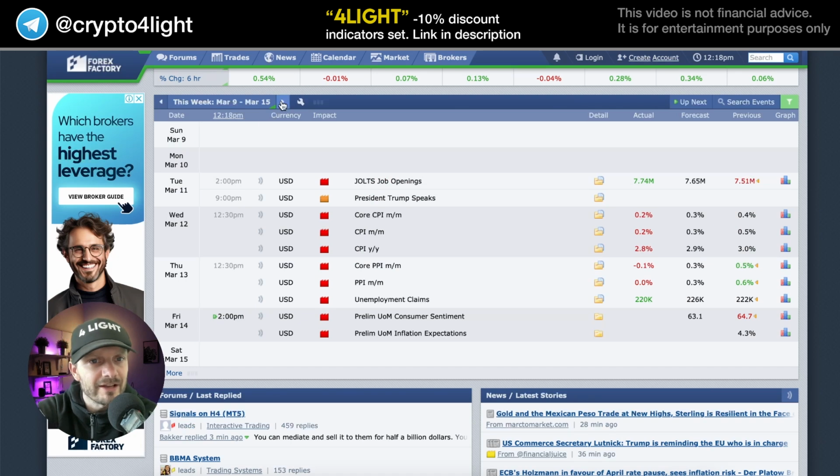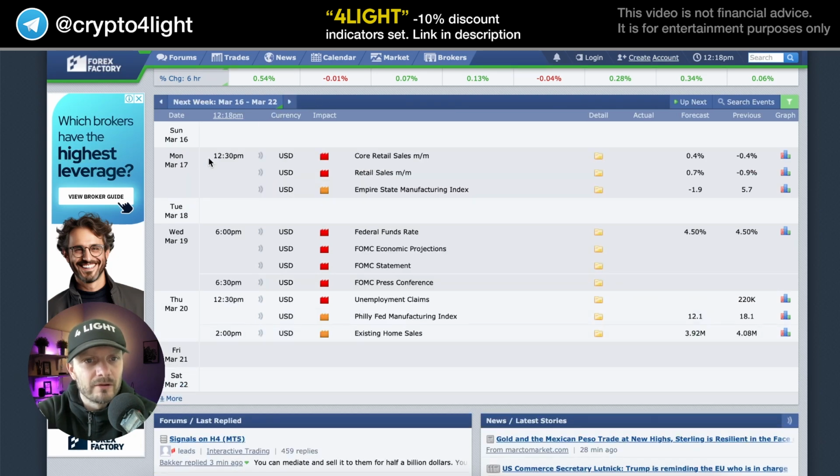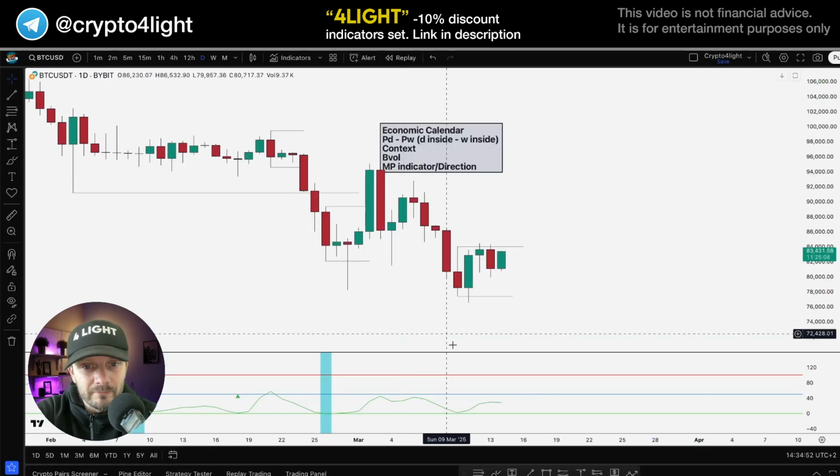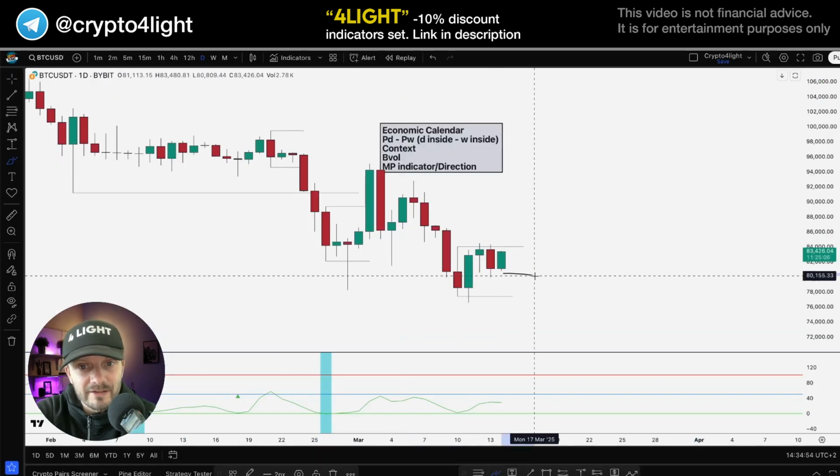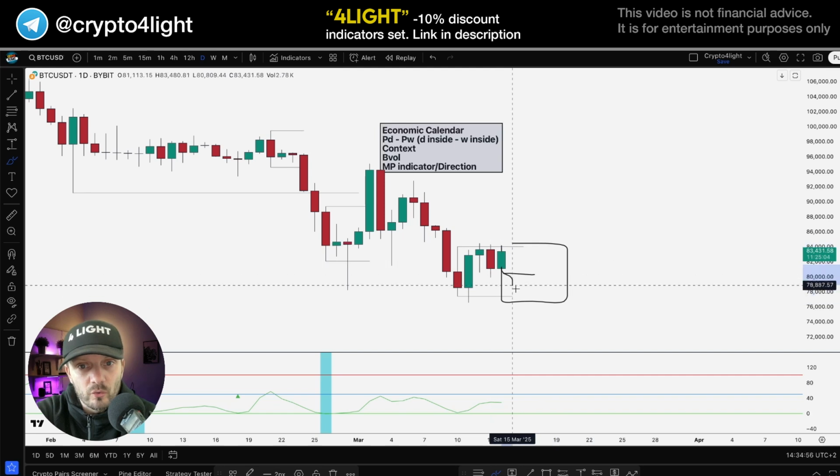So this is a way how you can read the candles, how you can work with economic calendar. And the next week, basically this one, Monday, core retail sales, import state manufacturing index, here, federal funds rate. So we can be ready for potential flat inside this move or drop on weekends.